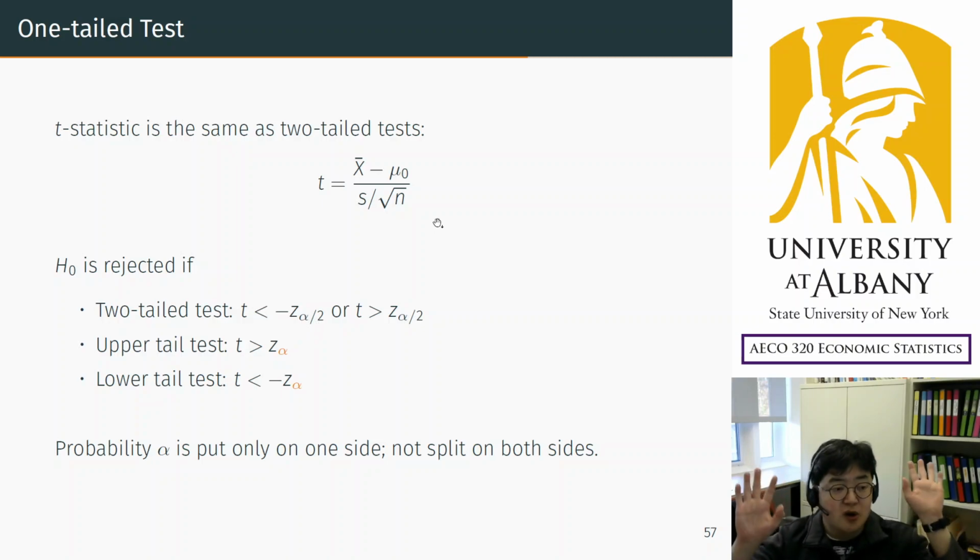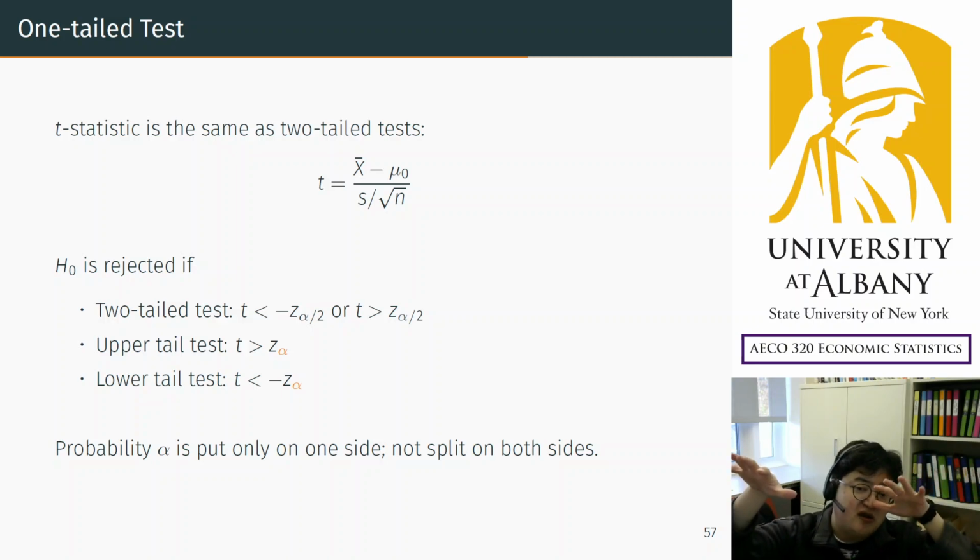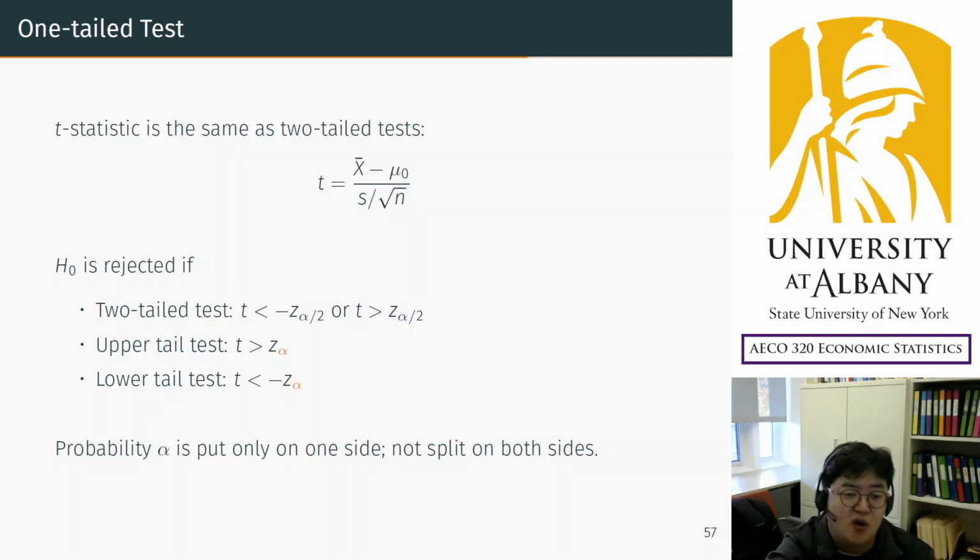Earlier, the significance level alpha is a probability, a type 1 error probability, that is split on both tails. But now it is not split on both tails, but accumulated on one tail. So like earlier, we had z alpha over 2, plus side, minus side, because each tail probability is alpha over 2. But now, all the probability alpha is put only on one side. So, instead of alpha over 2, we are using z alpha.